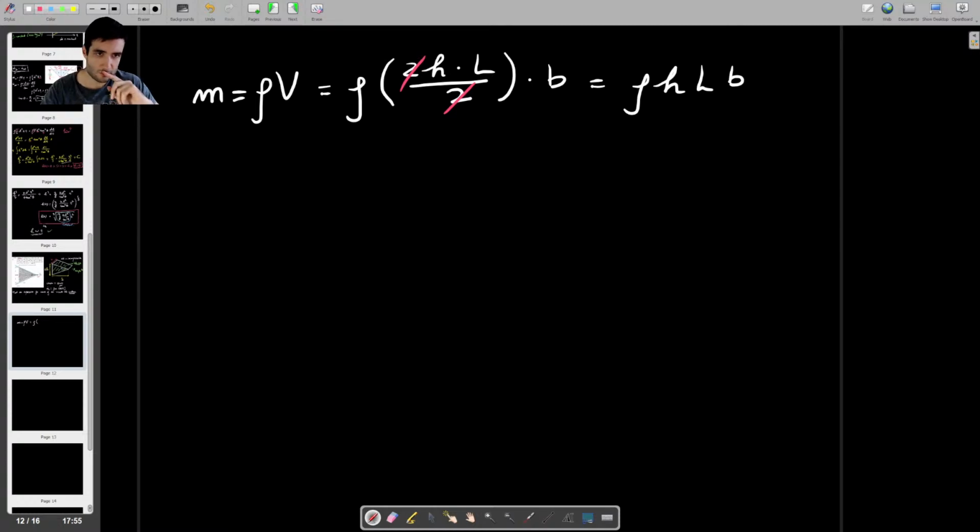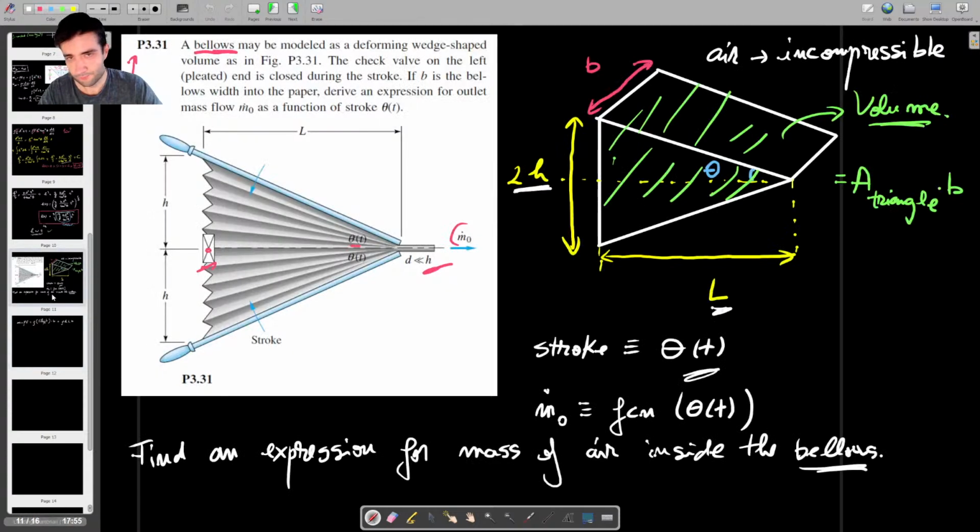Now, like in the previous problem, we've got two variables here to play around with, and as usual, you just want one variable. The variable that we were told about is theta, and clearly theta is a variable, right? Because theta is changing. As you compress that bellows, theta decreases. So this one decreases with time. The other thing that decreases with time is h, right? So this one also goes down. On the other hand, B is constant.